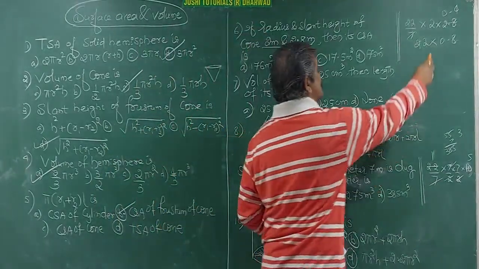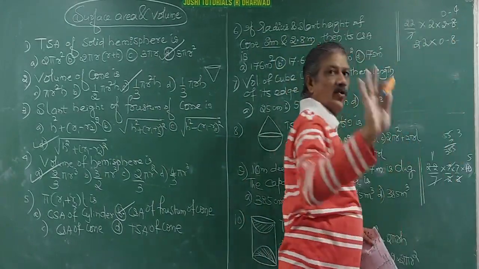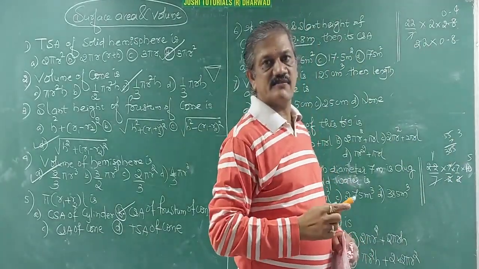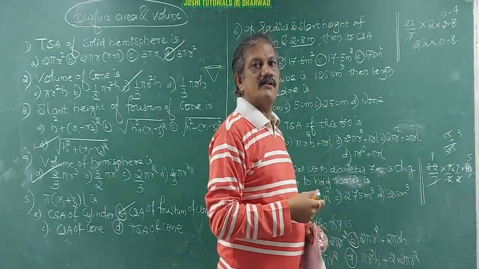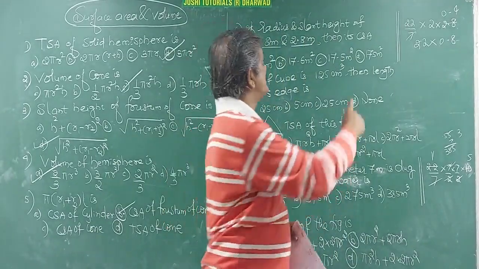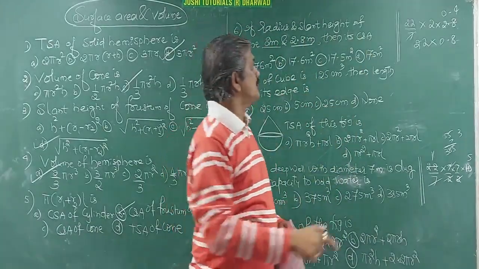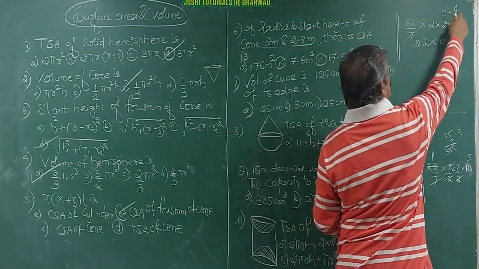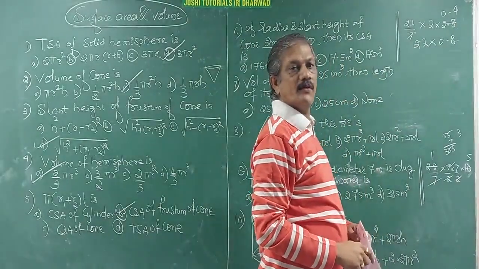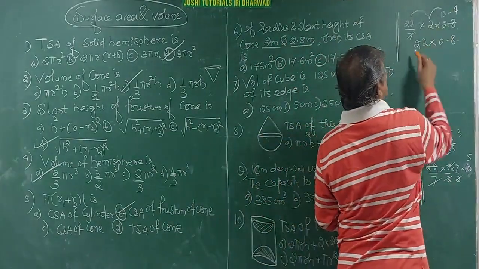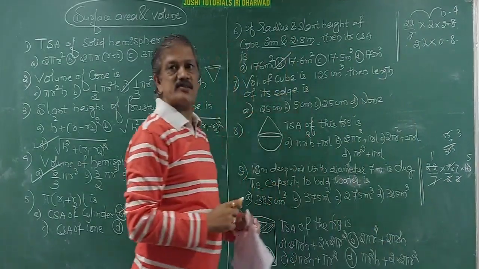Pi is 22 by 7, radius is 2 and L is 2.8. 22 by 7 into 2 into 2.8. 2 7s are 14, 7 1s are 7. Multiplication of all these three leads to 17.6 meters square.